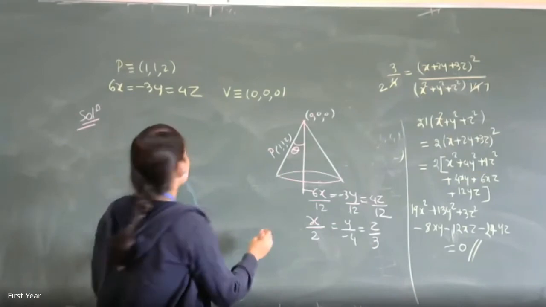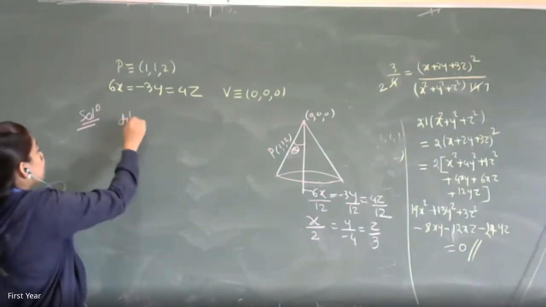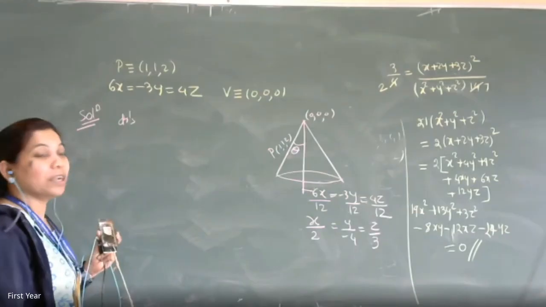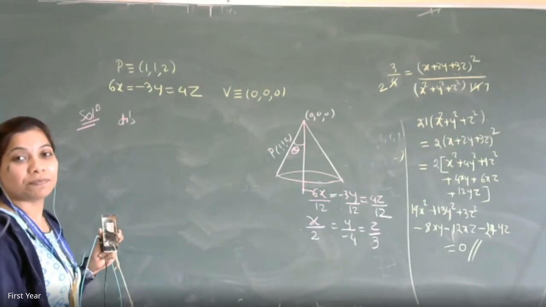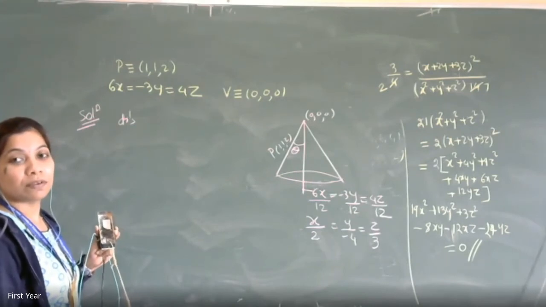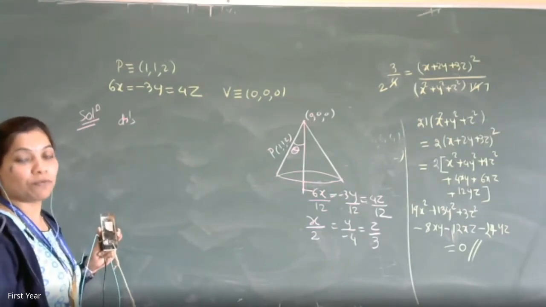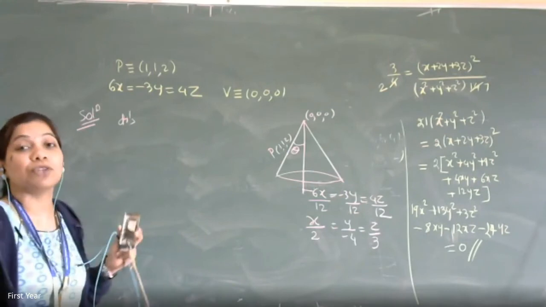Therefore, the direction ratios are 2, minus 4, 3. You could also write that as x upon 1 by 6, but then handling 1 by 6 will be tedious. It's not a problem though; fractions are also fine, because they are numbers which are proportional.